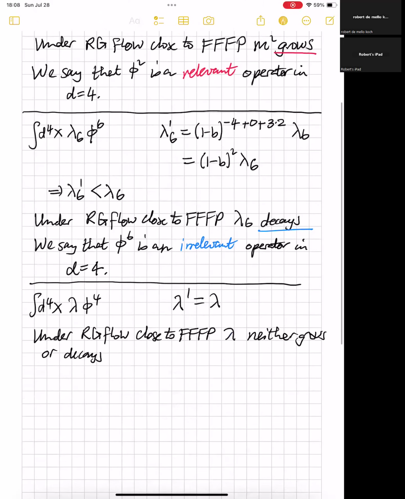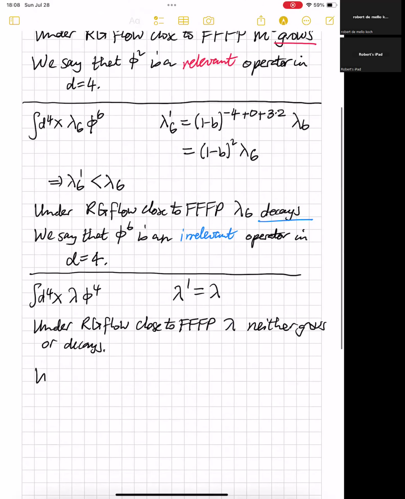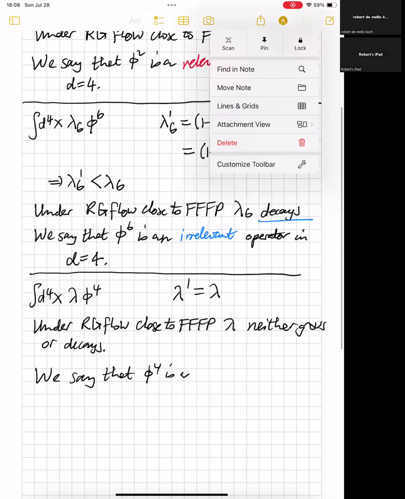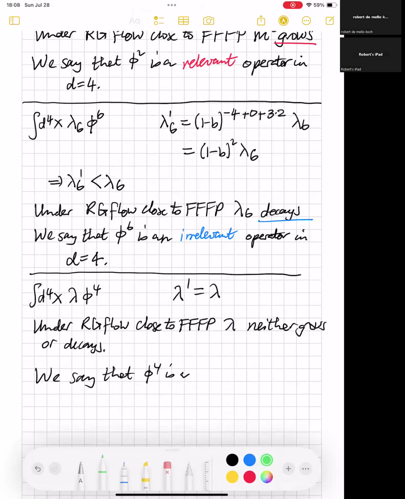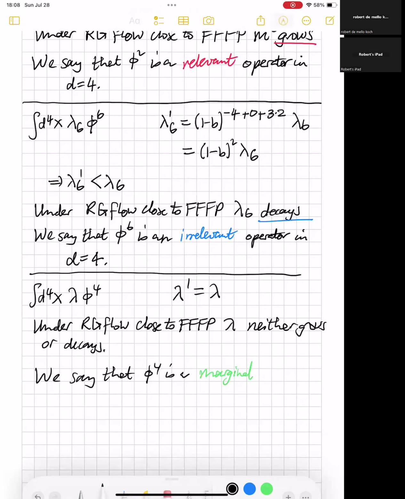The language that we use for this, we say that phi to the 4 is a marginal operator in D is equal to 4.